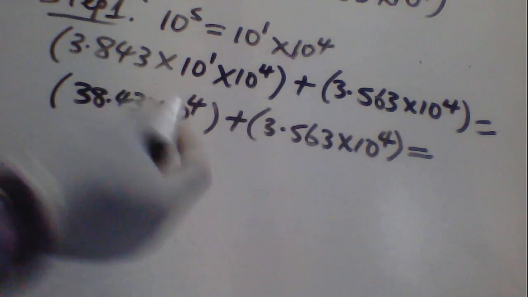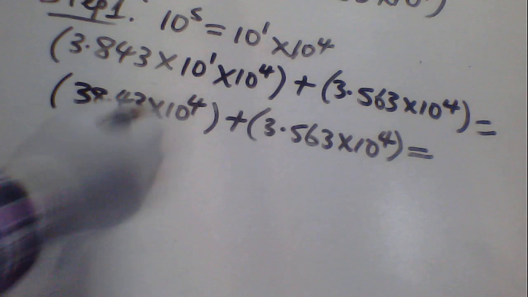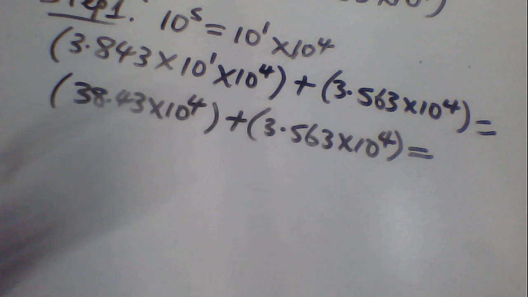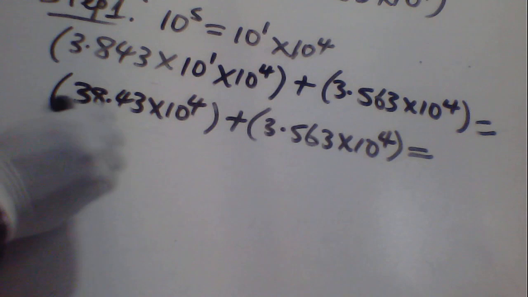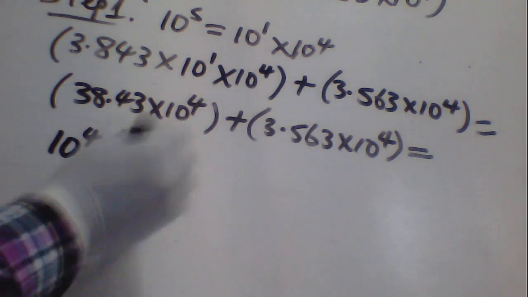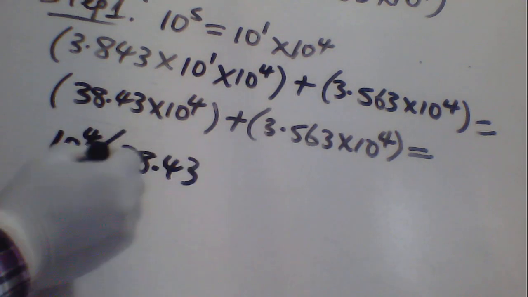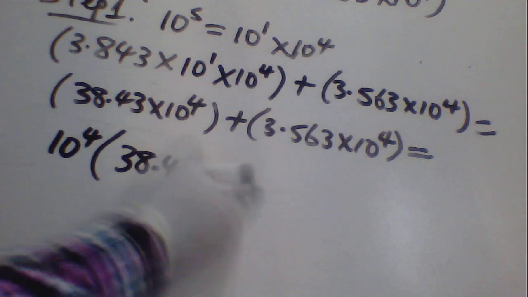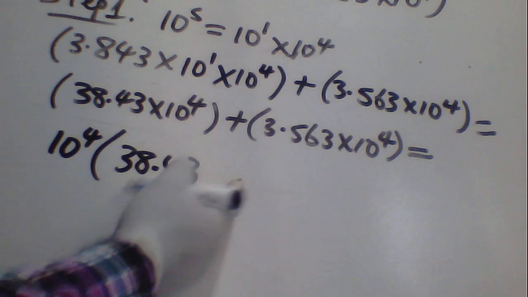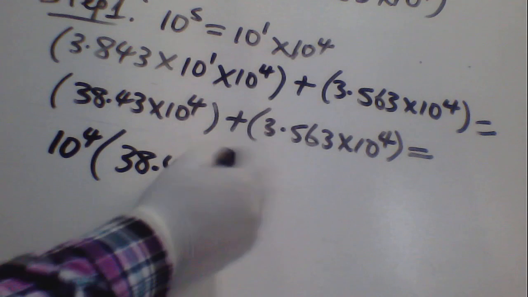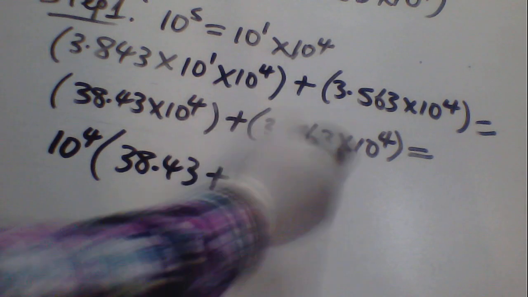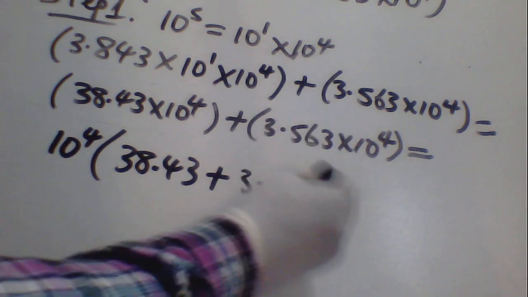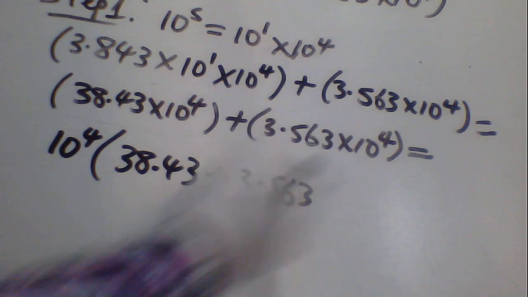So from here, let us first factor out the common factor, which is 10 raised to the power 4. You have 38.43, and any number multiplying by 1 is still the same number, plus 3.563 multiplying 1, it is still the same number.